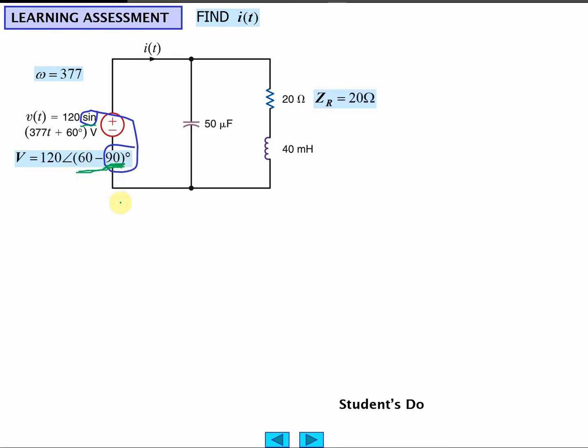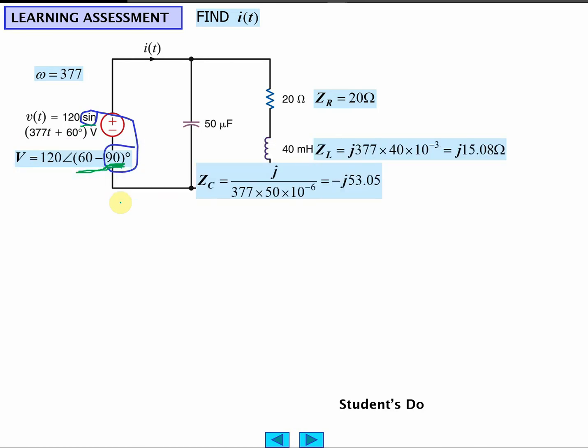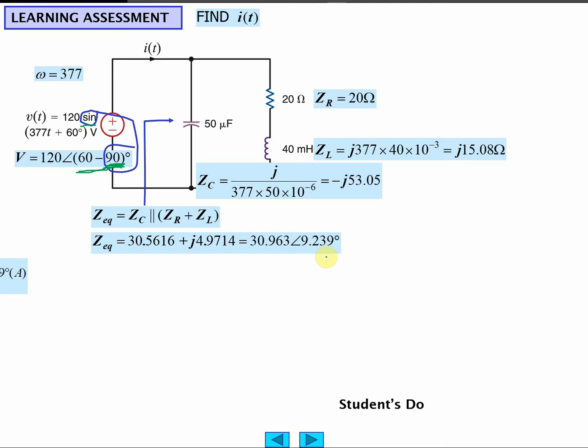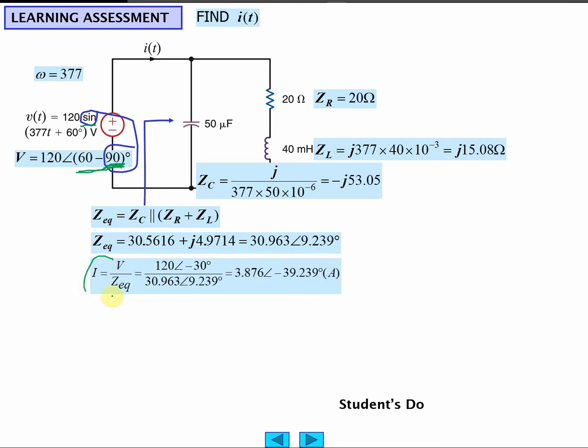Okay. The impedance of these two components and the impedance of the capacitor, figure out the equivalent impedance of the entire network. You got the numbers, voltage or current equals V over the equivalent impedance of this network.